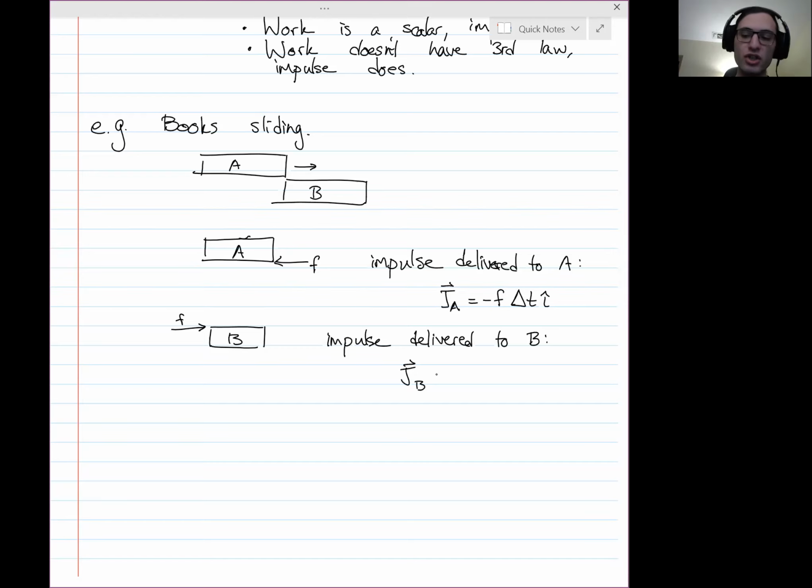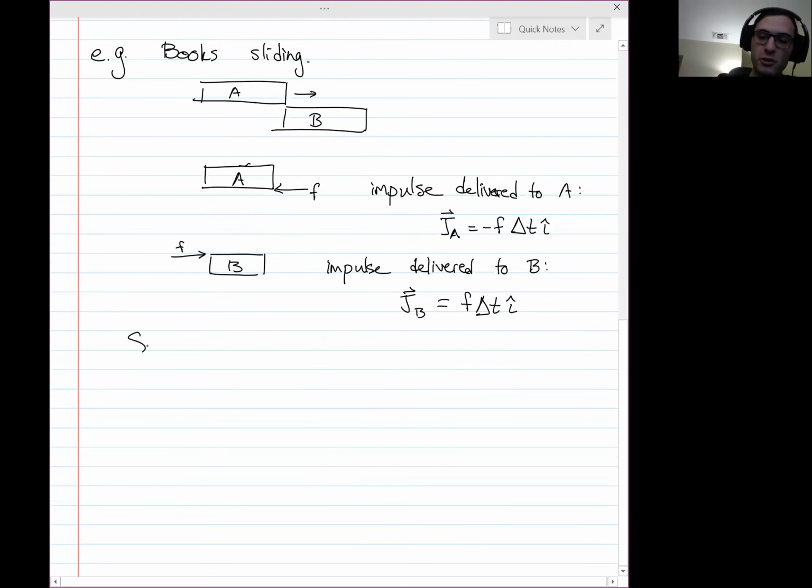This is a collision. The impulse delivered to B is just the force, the same magnitude because it's a third law pair. This time it points to the right, and it has the same duration, delta T, in the i hat direction.